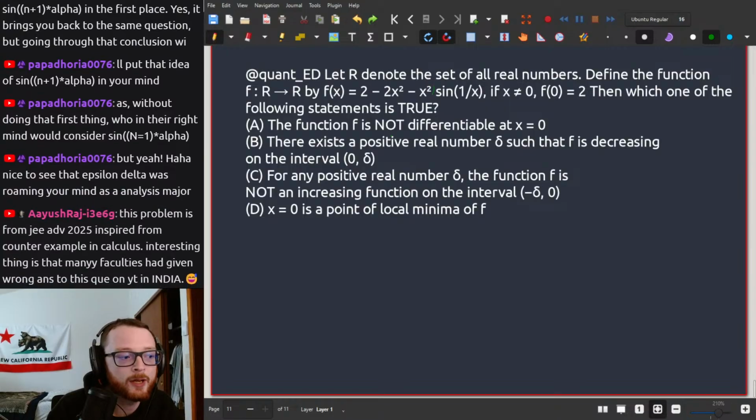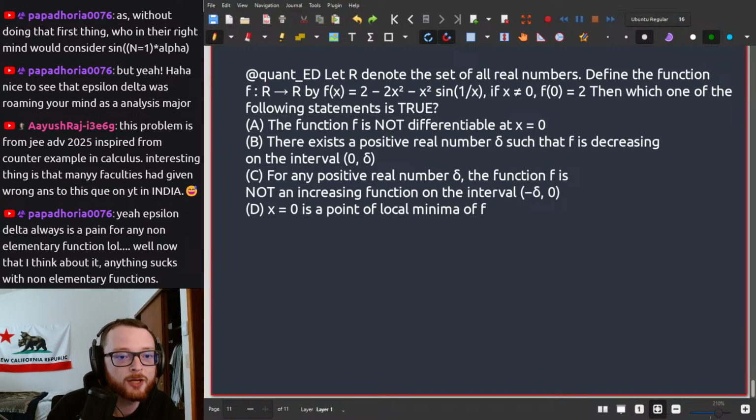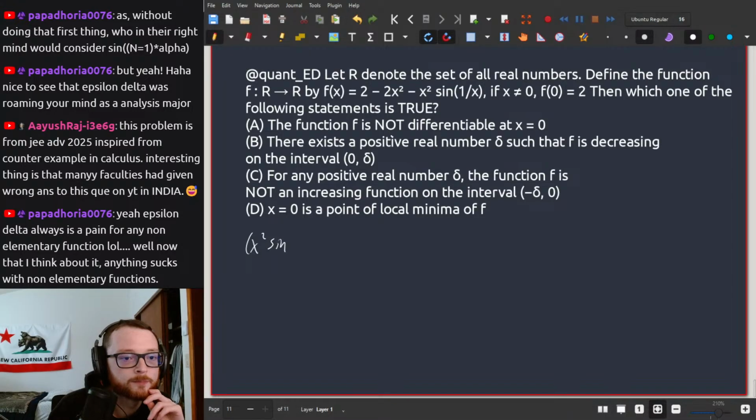But when there's an x squared in front, the limit actually does exist because it's getting squished towards 0. And so let's check the derivative of it to be sure, but it shouldn't be differentiable at x equals 0. The other two terms don't cause a problem, so who cares?